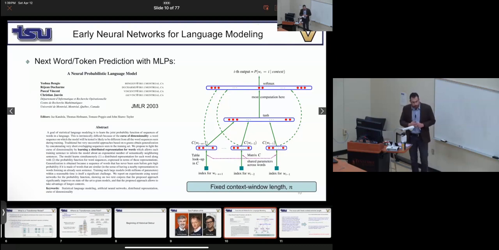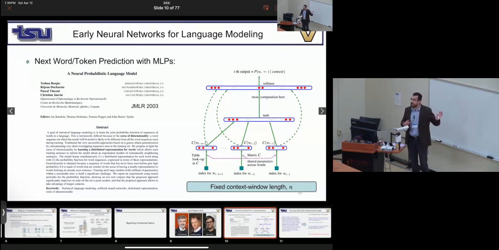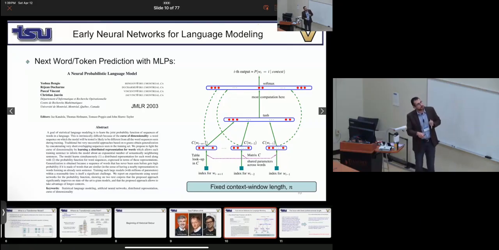And what this paper does is actually quite similar to what our language models do these days. Given a few words, or a sentence with the last word omitted, predict the missing word. So you read this sentence and predict the last word that is missing.